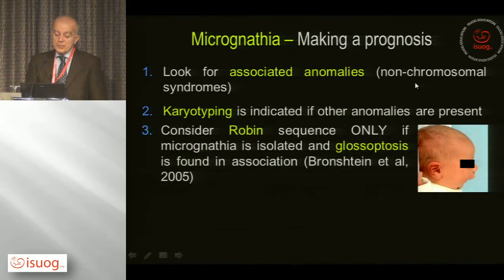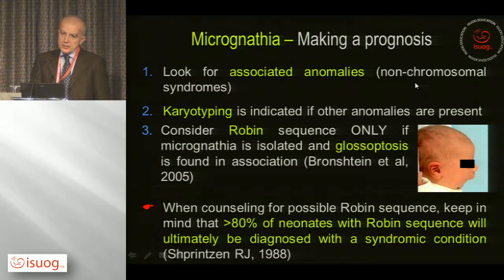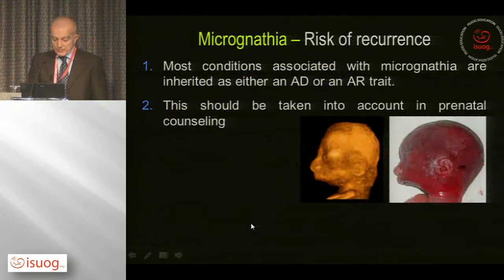And consider Pierre-Robin only if micrognathia is isolated, and you find out at the same time on the mid-view of the fetal profile glossoptosis. But keep in mind that in literature, it has been shown that in most of the cases of apparent Pierre-Robin, at the end of the day, most of them have another syndromic condition associated, and so these were not a final diagnosis as isolated Pierre-Robin.